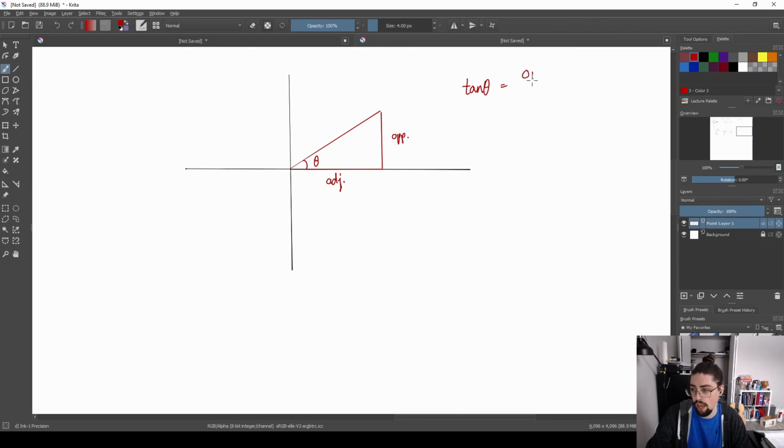This is exactly what tangent means, opposite over adjacent. We can all agree on this one, correct? That's what we have classically seen our trig functions to be the entire time.